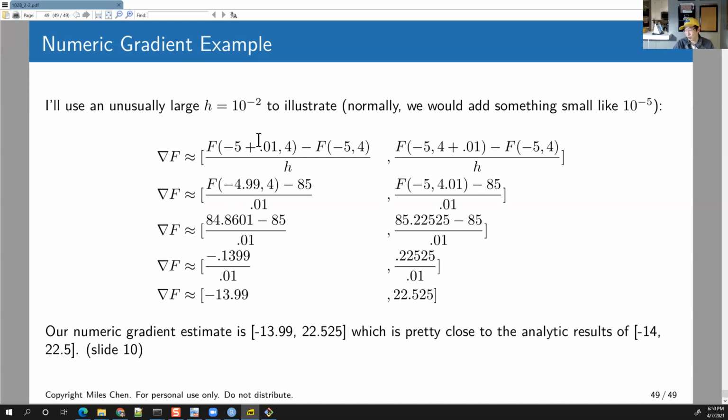All you're doing is just plugging in a slightly different number. You're going to plug in 5 and 4 over here, and you're going to plug in basically 4.99 and 4. And you just calculate the difference there. And if you're getting something pretty close to what you calculated analytically, you can say, okay, my analytic solution is correct, which is very handy because sometimes the analytic solution is hard and you don't feel confident about your answer.